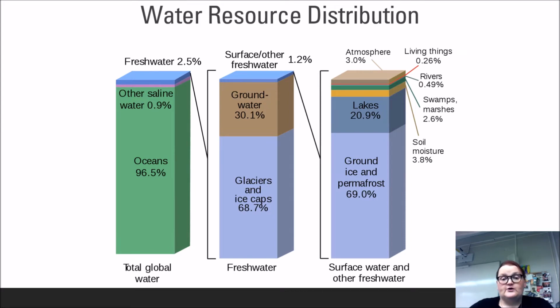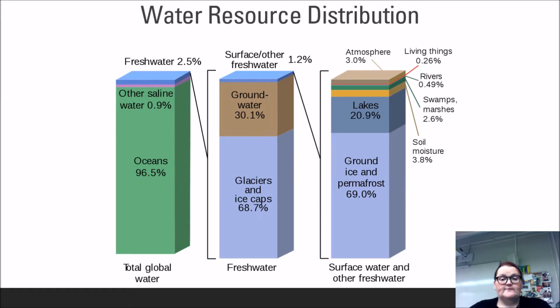Lastly, there is freshwater, which has a very dilute salt content. The remaining 2 to 3% of the water on Earth is categorized as freshwater. This category of water is further broken down into 3 types based on their location: glaciers and ice caps, where 69% of the freshwater on Earth is found, groundwater, which makes up 30%, and surface water, which is the remaining 1%.